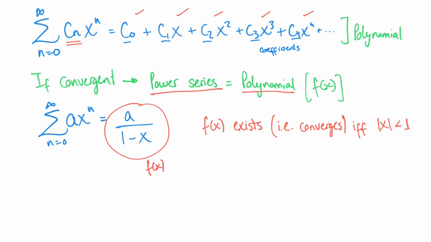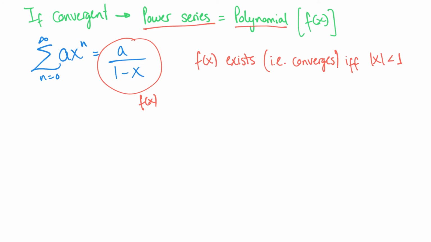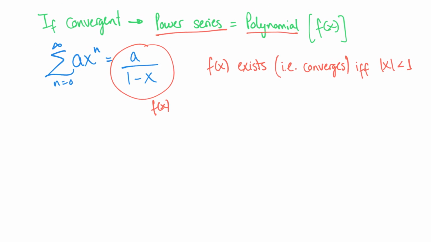And that's what we're trying to find out: if our specific polynomial goes to infinity or not. Now, there are many ways to do that, but we'll leave that for another video. What we're going to do now is look at some common examples.